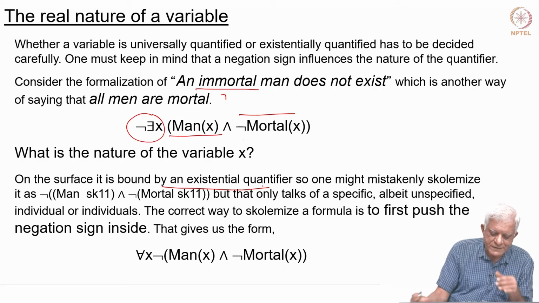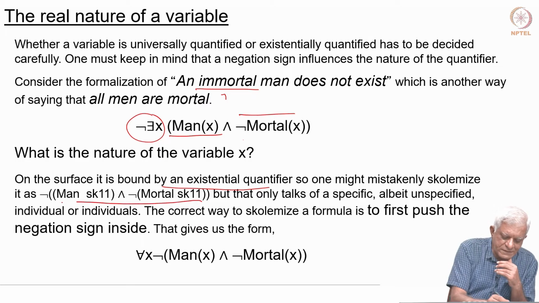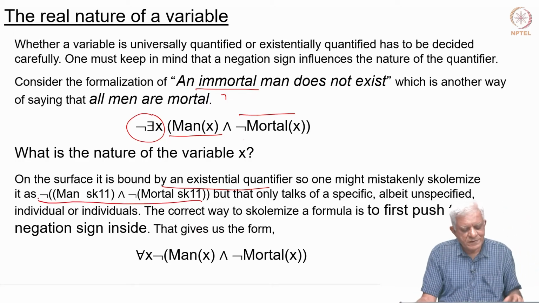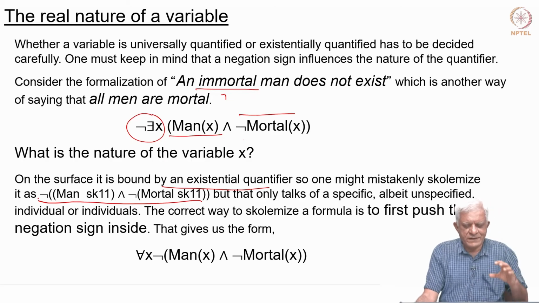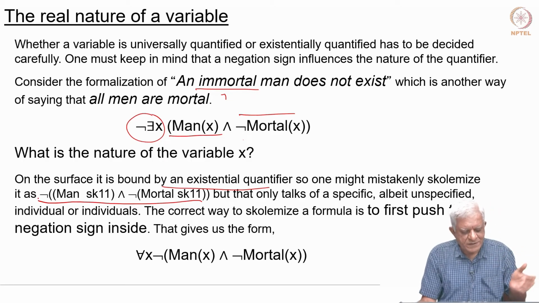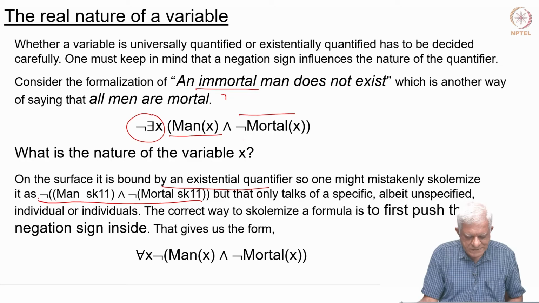So, this sentence with the Skolem constant says that it is not true. Essentially this sentence will have the existential quantifier outside: there exists x such that both these things are not true.